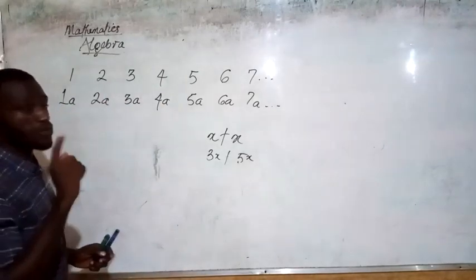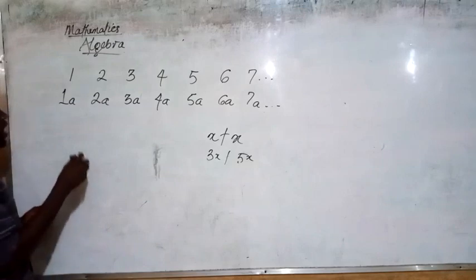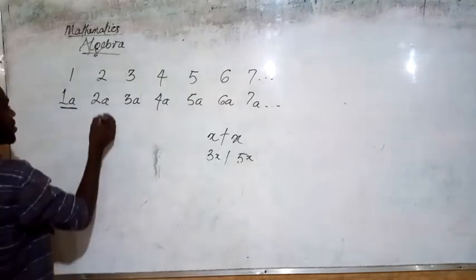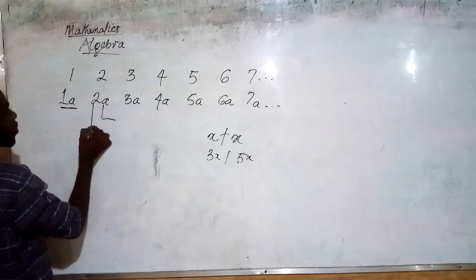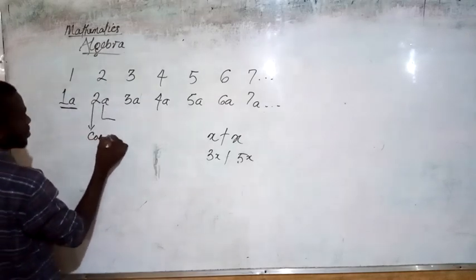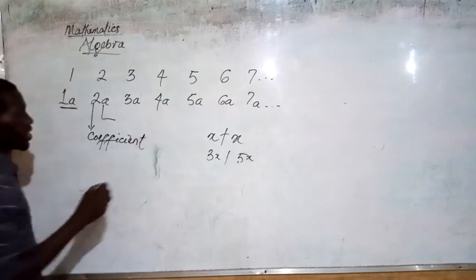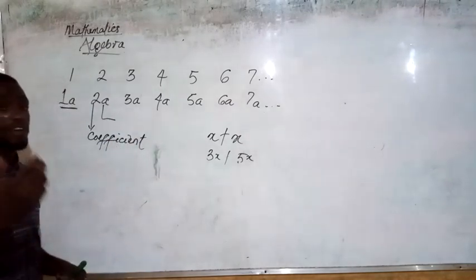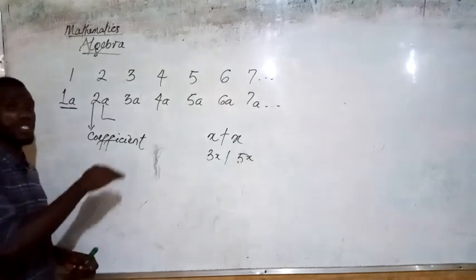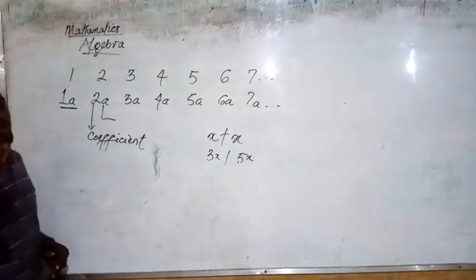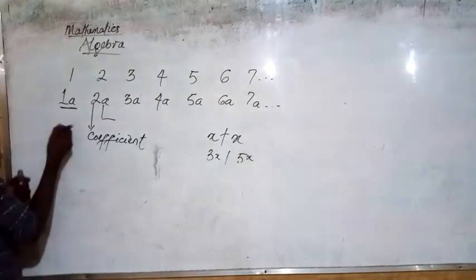Now, the difference is that in algebra, let me define some terms. This is the algebra, and this number is called the coefficient. The number that is standing against an algebra, that is giving the algebra its value, is called the coefficient of that algebra. Whenever the coefficient of an algebra is 1, we necessarily don't write it.